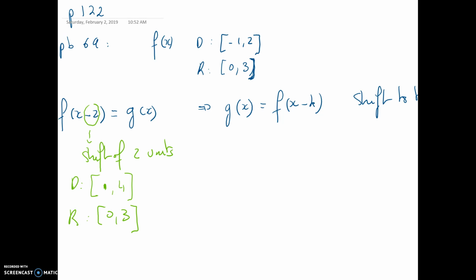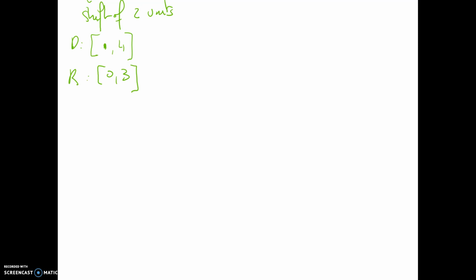Okay? Now, if I look at problem number 70, we are talking about the function g of x equal to 5 times f of x plus 1. So first of all, I'm dealing with two things right here.